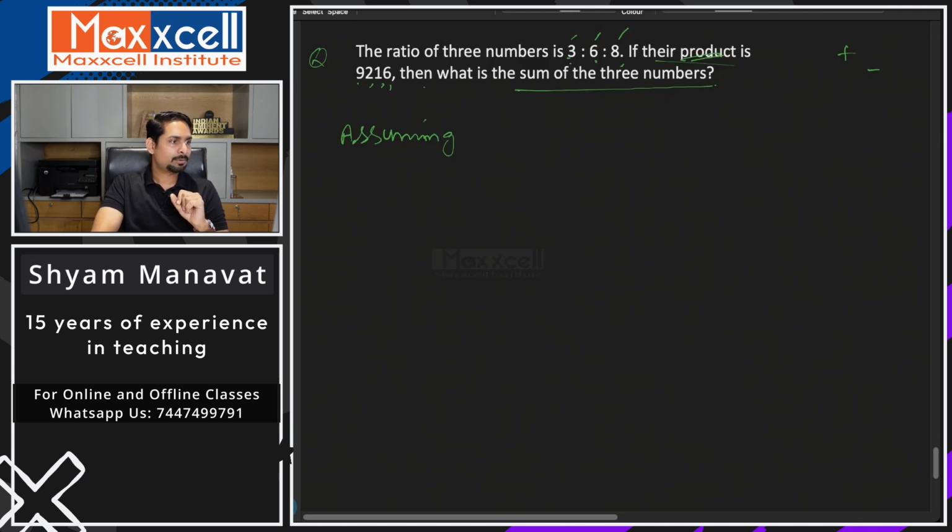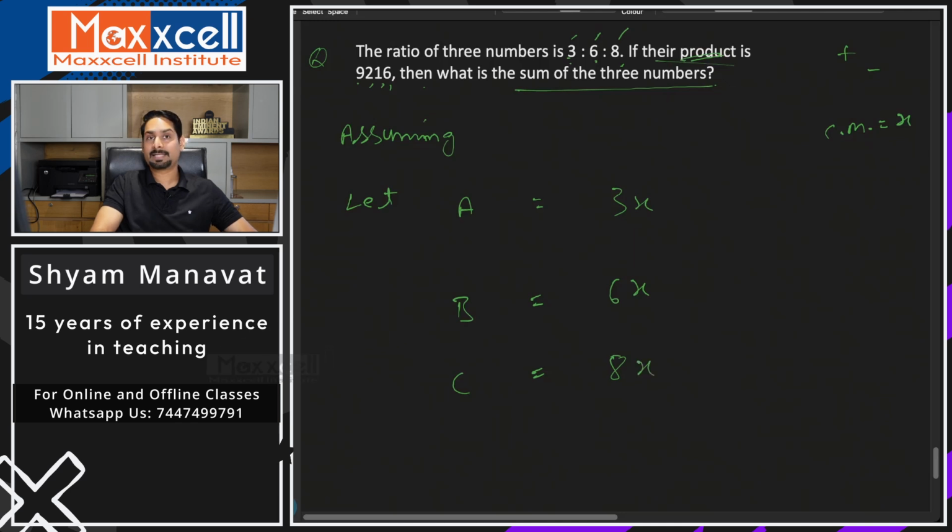Okay, so you assume, let's say, the three numbers are A, B and C. They are in the ratio 3, 6, 8. With the common multiple assumed as x, I can say the first number is 3x, second is 6x and the third is 8x.